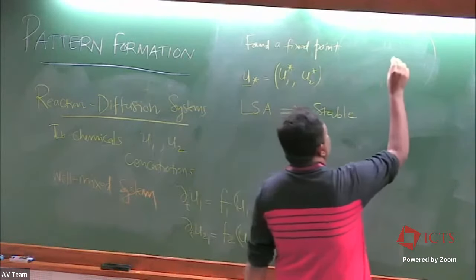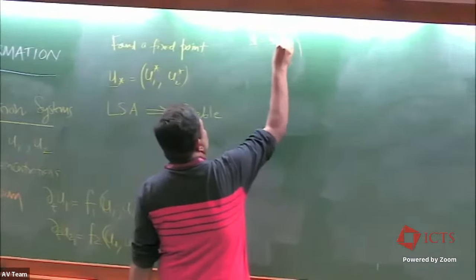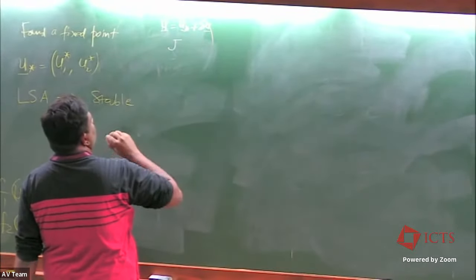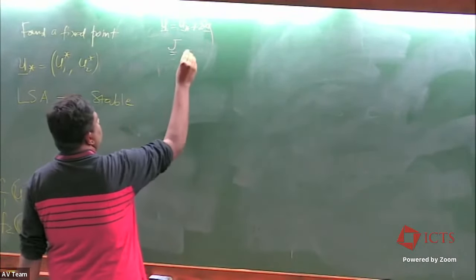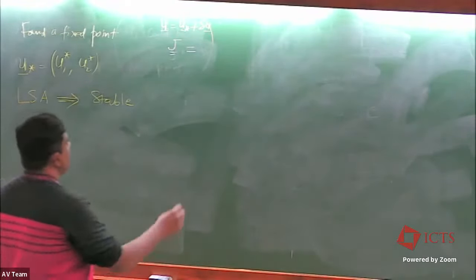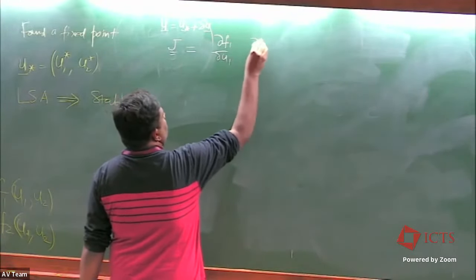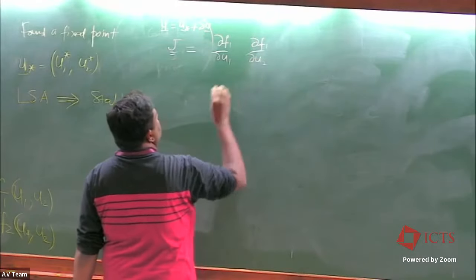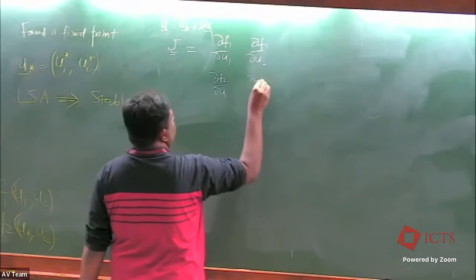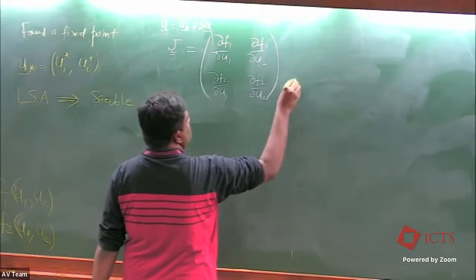So I will do the following: I will do perturbation as usual. And then I will get the Jacobian matrix, which, if you just stare at the ODE system, is basically the derivative of F1 with respect to U1, F1 with respect to U2, F2 with respect to U1, F2 with respect to U2, the whole thing evaluated at U1 star, U2 star.